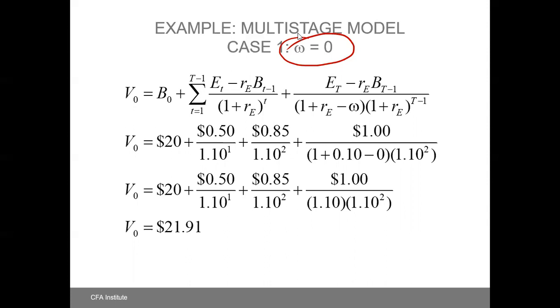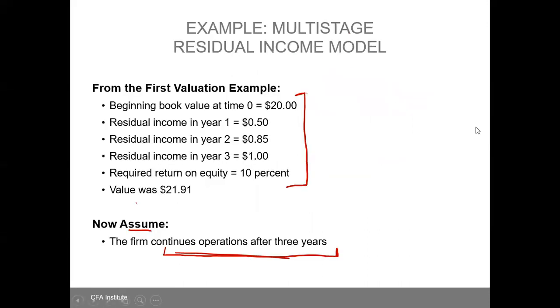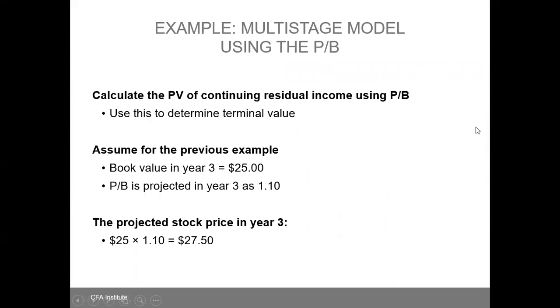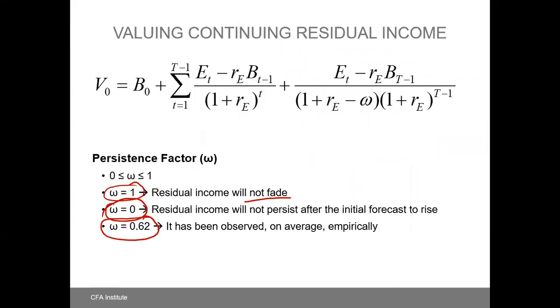The firm's residual income will stop growing. Here you see, the firm's residual income will not persist after the initial forecast rise, and it is likely to go to 0.